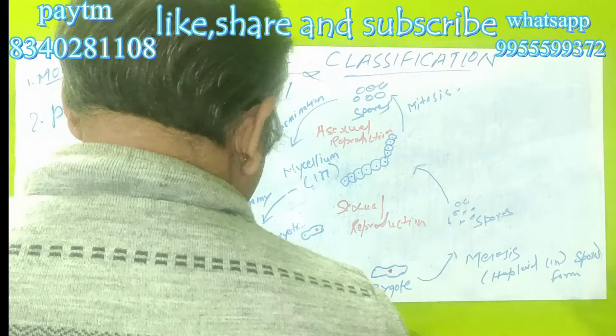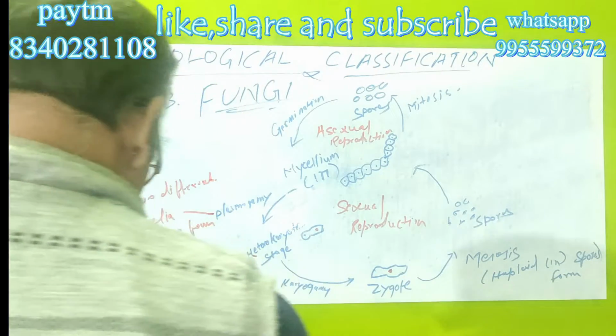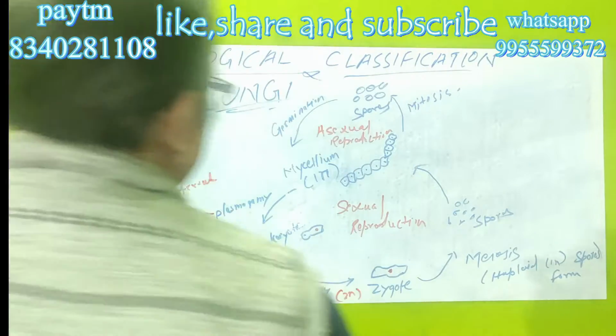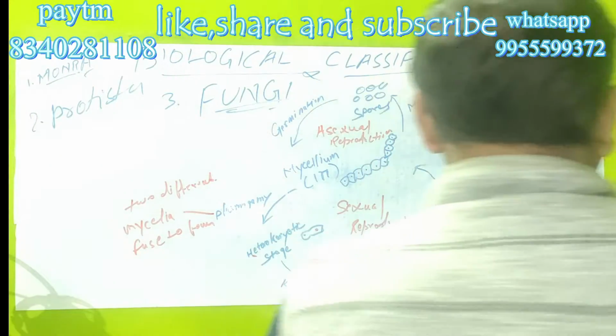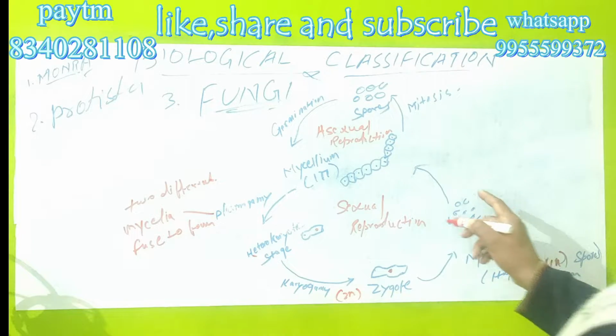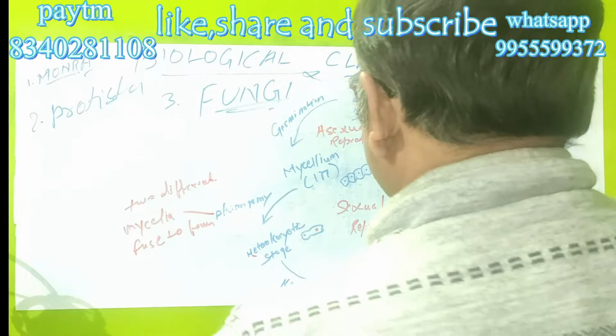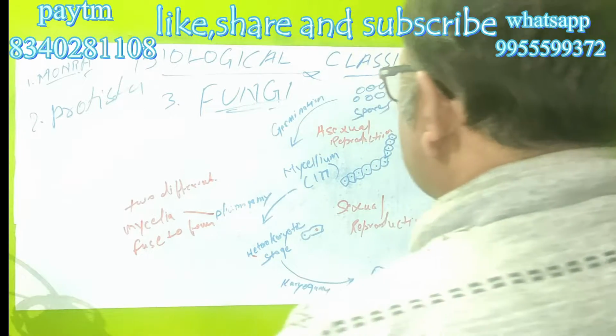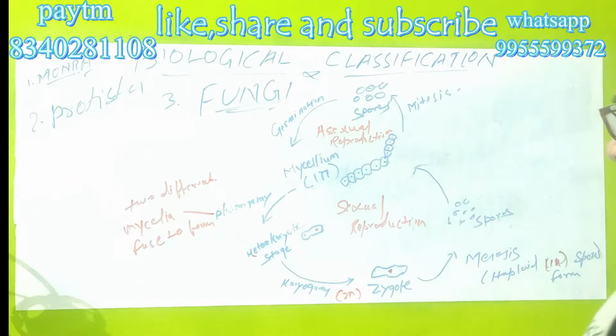The nuclei fuse to form a diploid zygote, that is 2n, and then again it comes to meiosis, the spore formation, and then again mycelium, mitosis, spore. This cycle continues in asexual and sexual reproduction. This is the reproduction chart in fungi.